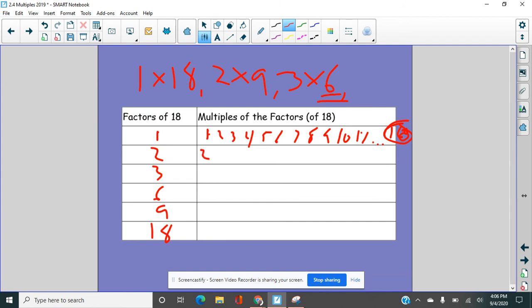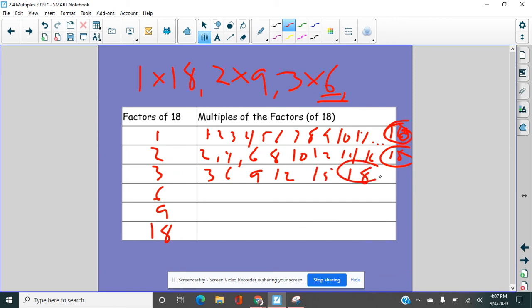Now I'm going to count by twos until I get to 18. It's best to separate these numbers with commas. If I do that, this will take forever. 14, 16, 18. Circle it. Now I'm going to count by threes, multiples of 3. 3, 6, 9, 12, 15, 18.